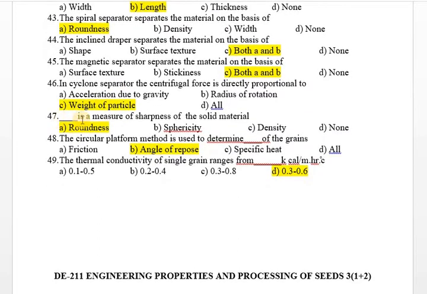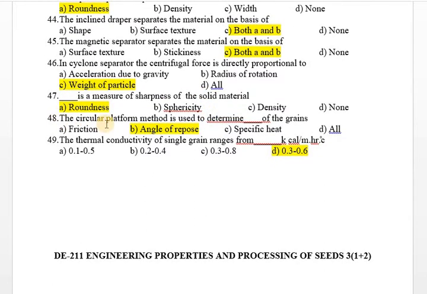Next, roundness is a measure of sharpness of solid material.